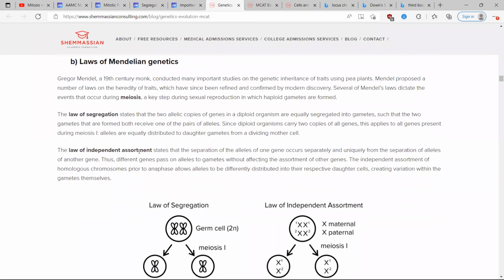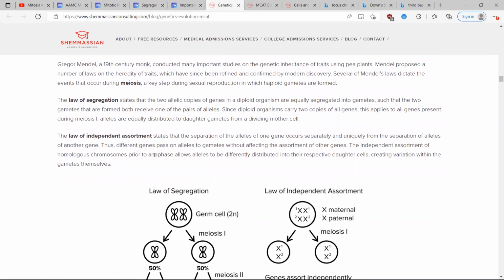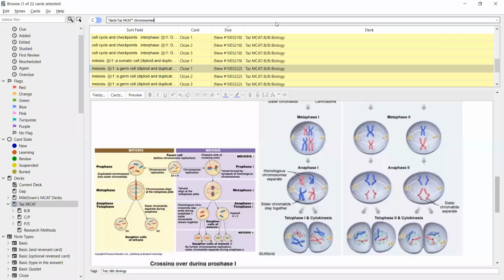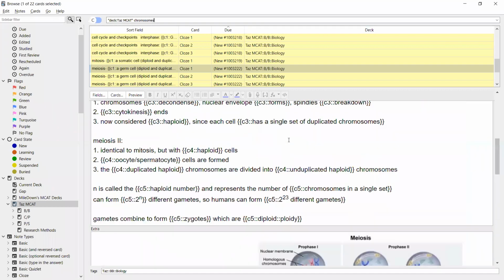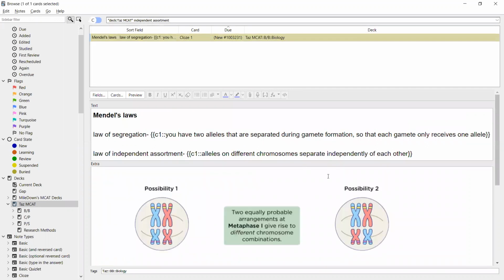The law of independent assortment is this part. Hold on, I have a better picture for this. Okay, here.